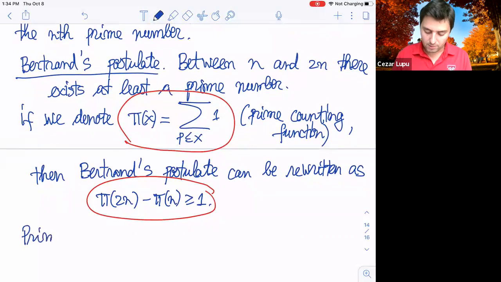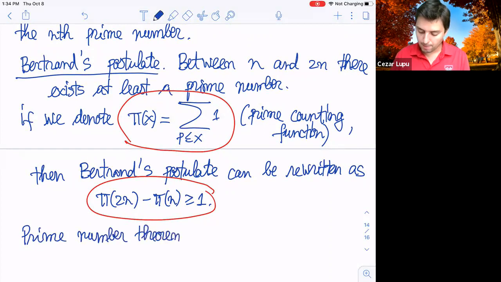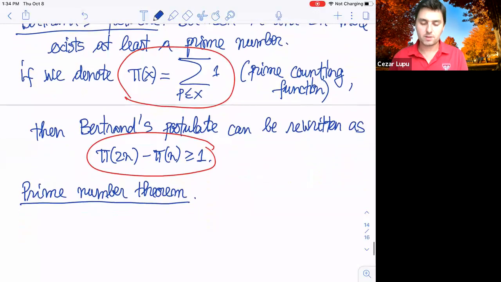Now I'd like to give you something very strong, the prime number theorem, which says that there is an asymptotic estimate for the prime counting function.